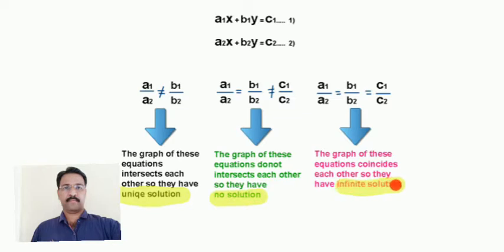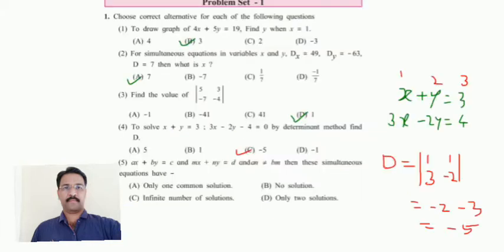Using all this discussion, one more thing: sometimes we use the ratio, but if we go with cross multiplication, a1 into b2 and a2 into b1 which is not equal, then also the solution is unique. That is in this fifth sum.